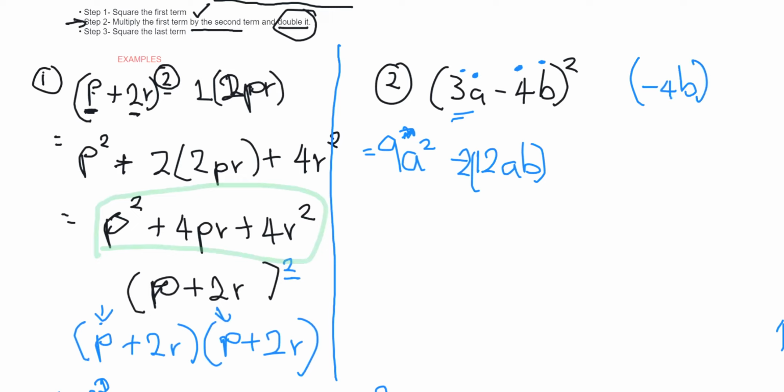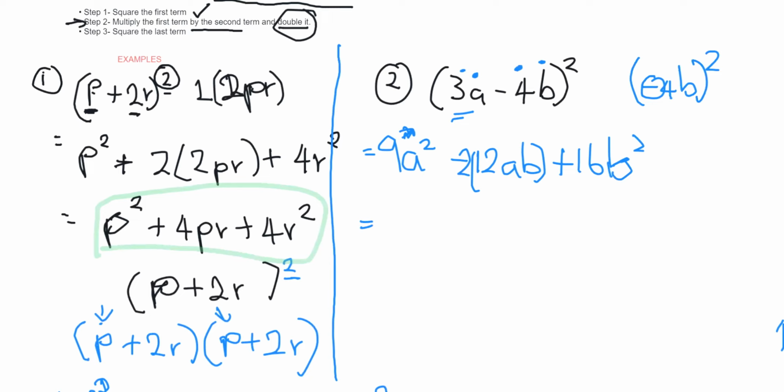And remember, when you square a negative, you don't get a negative because it's a negative multiplied by the negative. So you get a what? A positive. So this is going to be positive 16 what? B squared, right? Hopefully you see there it's plus 16b squared.